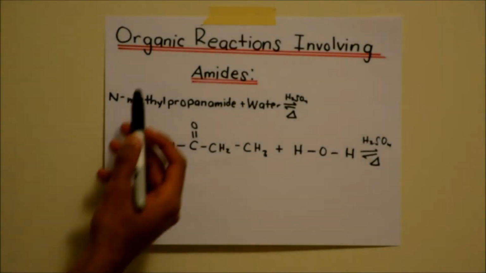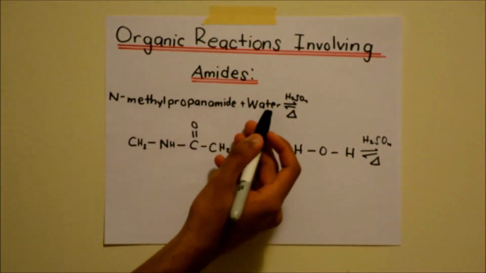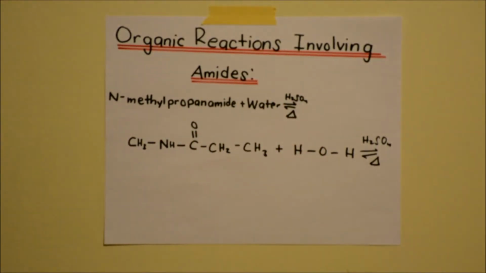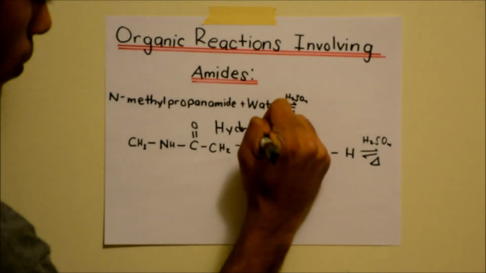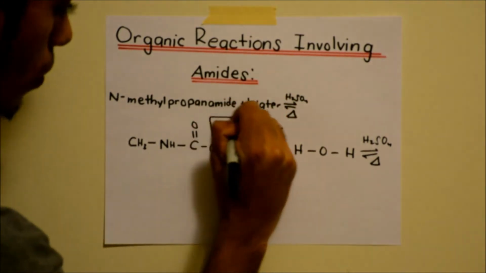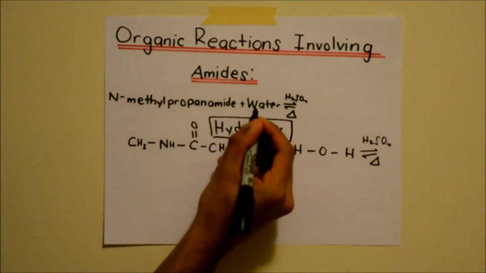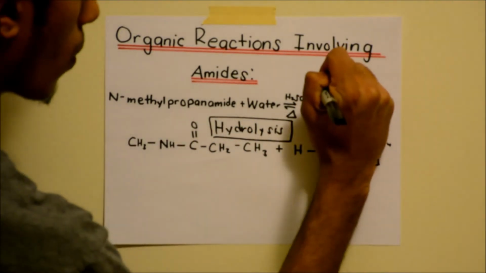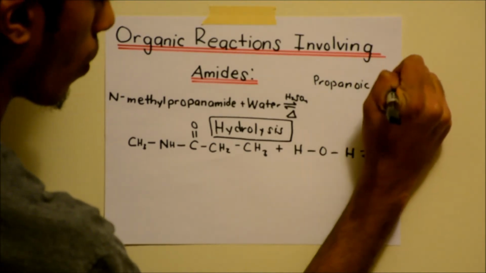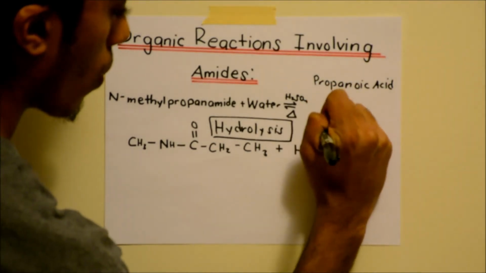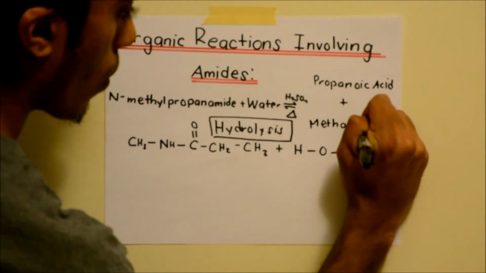Now let's look at organic reactions involving amides. Here we have N-methyl propionamide plus water with a sulfuric acid and heat catalyst. We know this is a hydrolysis reaction because when water is added to a large organic molecule, it cleaves into two, and in this case it would form a carboxylic acid and an amine. In terms of this reaction, the products would be propanoic acid and methanamine.